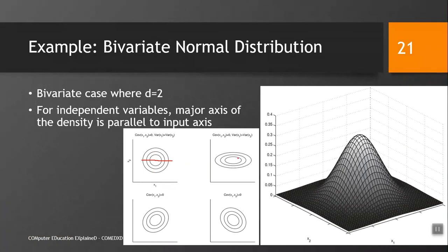In this second figure, you can see that the variance along the y direction of x2 is smaller compared to the variance along the x direction of x1. And here you can see that the covariance of x1 and x2 is greater than 0. Try to understand how the values are changing.